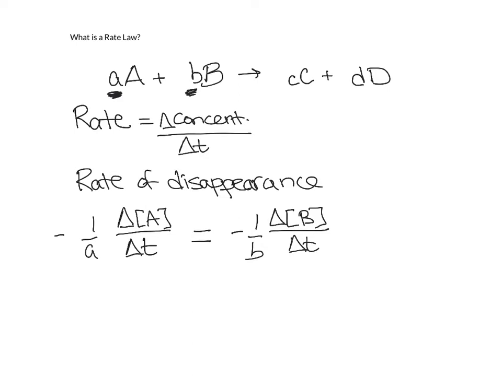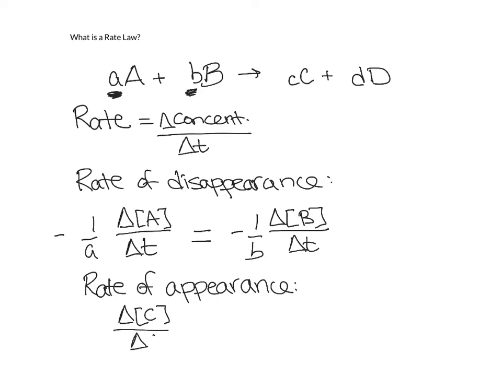if we wanted to make these things equal. We could also define the rate from the rate of appearance, right? So instead of watching the reactants A and B disappear, we could watch the products C and D appear. And again, it's just change in concentration over change in time.